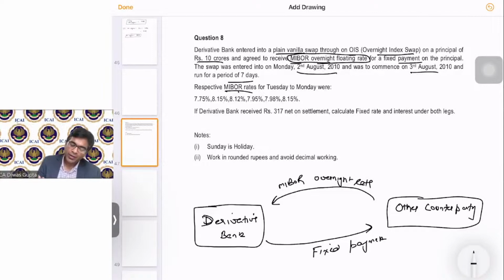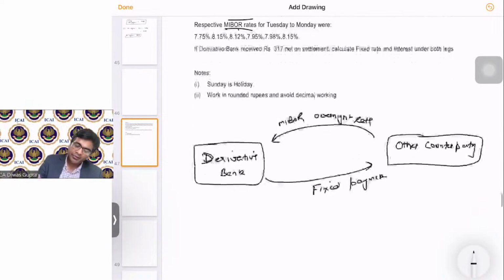Respective MIBOR rates for Tuesday to Monday were given: Tuesday, Wednesday, Thursday, Friday, Saturday, and then again Monday. Sunday they have not given. So ultimately 6 rates on a daily basis, except for Sunday because Sunday is assumed to be a holiday.